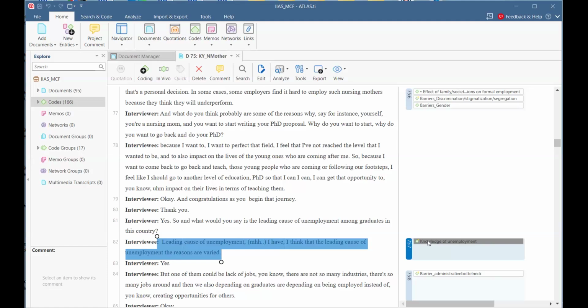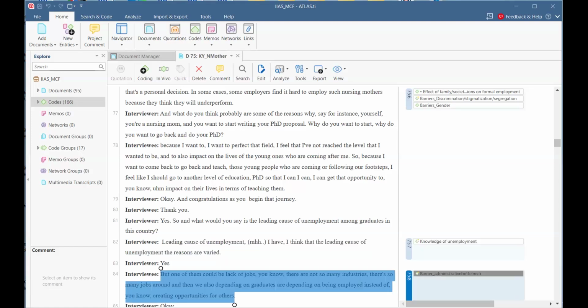Now this person is saying, I think that the leading cause of unemployment, the reasons are varied. So she is knowledgeable. She sounded like she knows a lot. So we say knowledge of unemployment. Even though it's not under the question that should ask about knowledge, she's still talking about knowledge further down in the questioning.